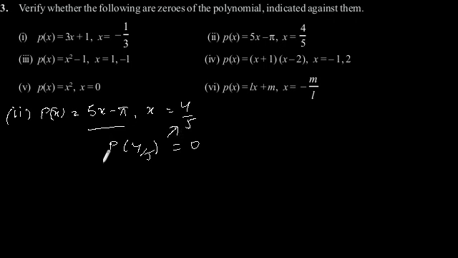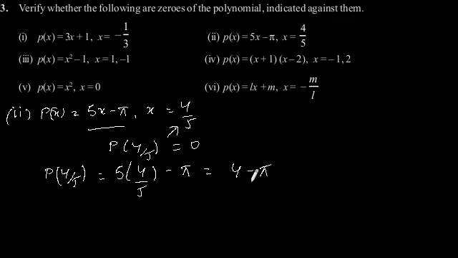So putting x is equal to 4 by 5 in the given polynomial, we'll get p(4 by 5) is equal to 5 into 4 by 5 minus pi. This is equal to 4 minus pi.